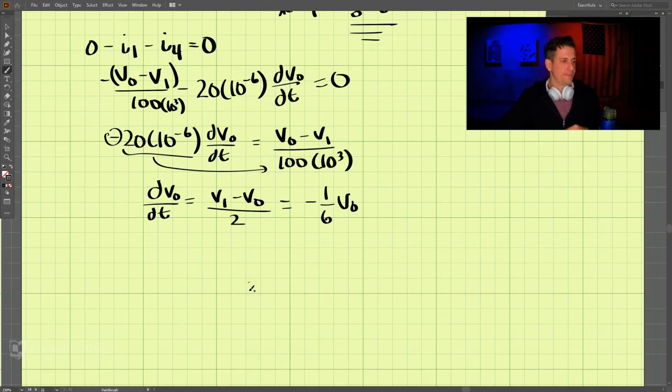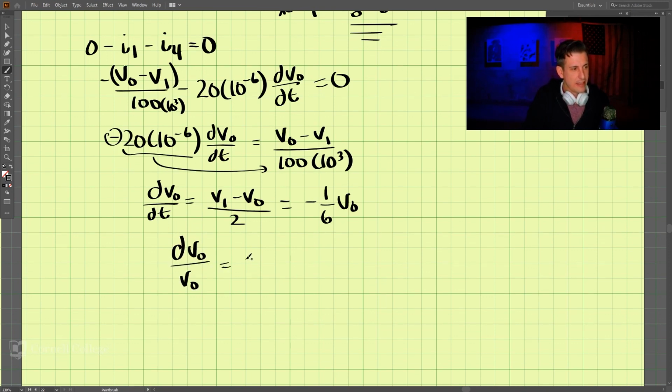And now we're going to move the V naught to the other side and the dt to the other side. So we're just going to rearrange this equation. So we have dV naught over V naught equals negative 1/6 times dt.